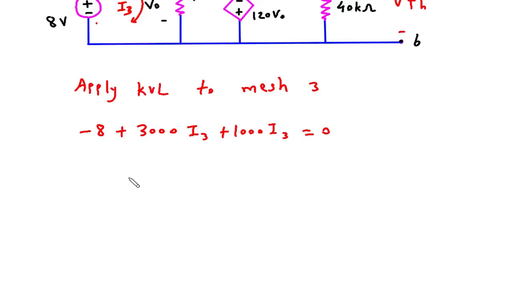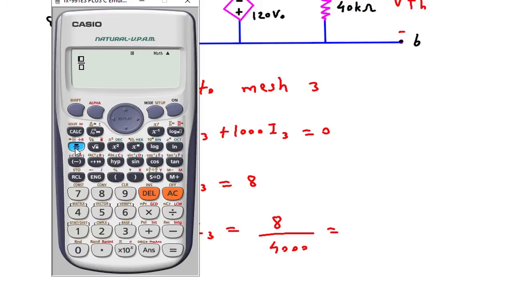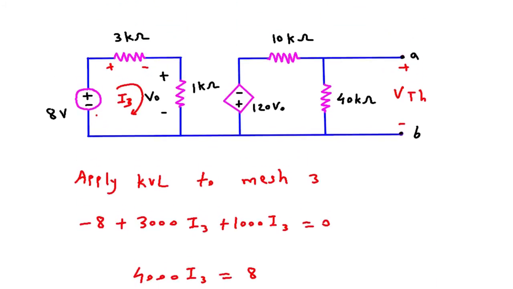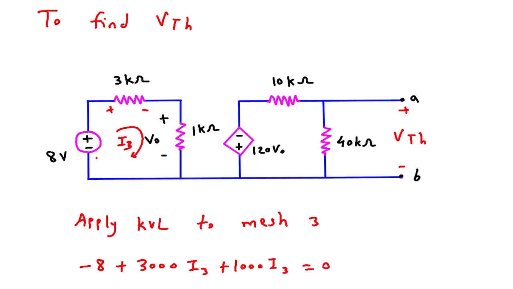So 3000 plus 1000 is 4000 I3 is equal to 8. Therefore I3 is equal to 8 by 4000. So 8 by 4000 is 2 into 10 raised to the power -3 ampere. This is the value of I3.